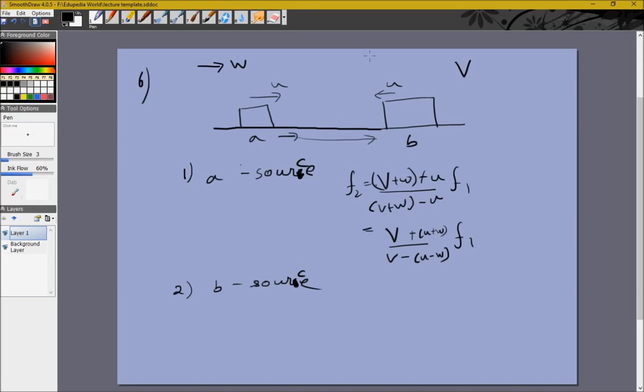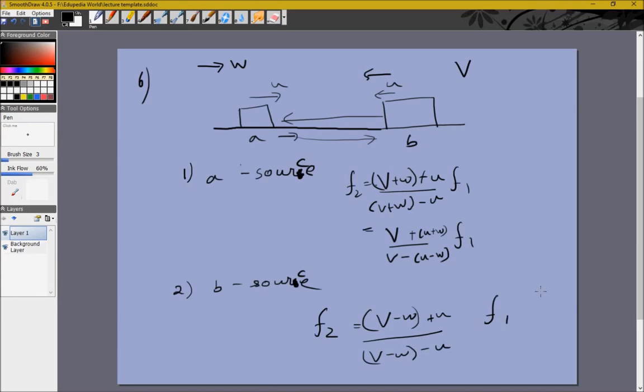In the second case, if this is the source, then f2 is equal to, I'll just solve it with the first method. Now the speed will be v minus w because the sound is going in this direction. They are going towards each other, so again it will increase the frequency: f2 is equal to (v minus w plus u) by (v minus w minus u) times f1.